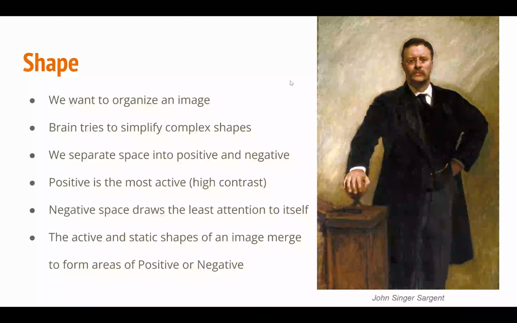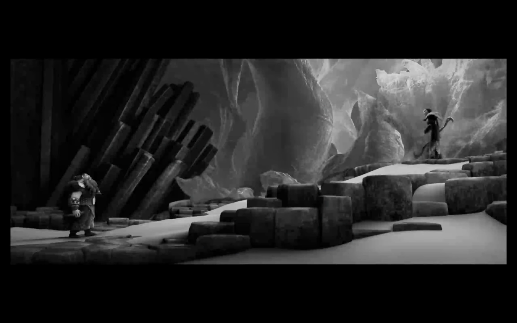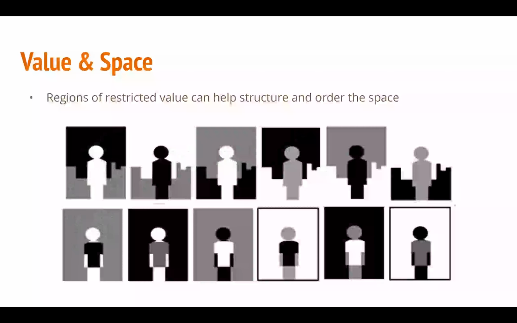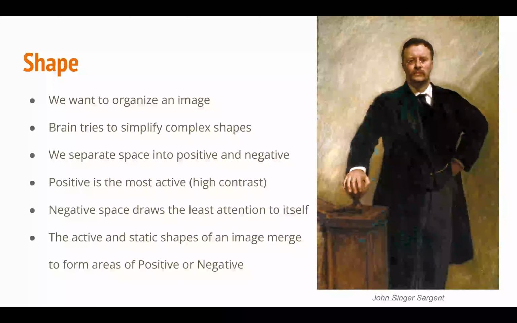So shape: we want to organize our image, because that's how we interpret the world. We want to simplify and organize it in our brain. So our brain tries to simplify complex shapes into simpler ones. And so we can use this idea of limiting value and creating these different value structures to take advantage of this.